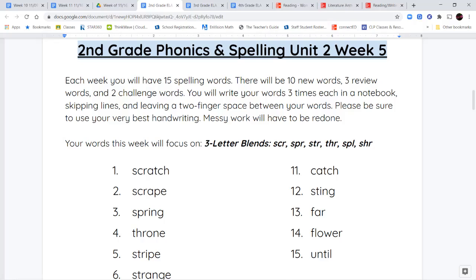So some of the blends that we're going to go over today are SCR that says scr, SPR that says spr, STR that says str, THR that says thr, SPL that says spl, and SHR that says shr. And you'll see these as we go through our words.